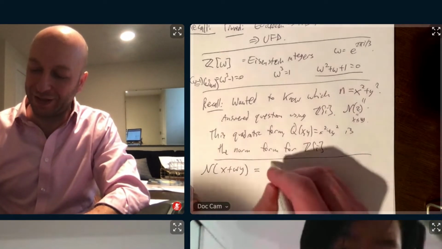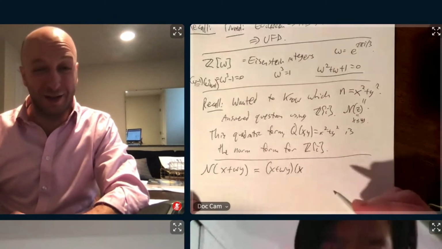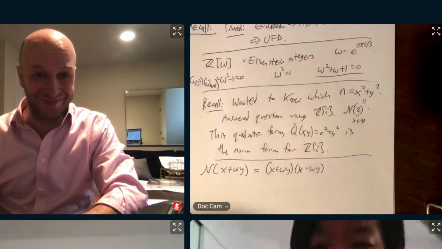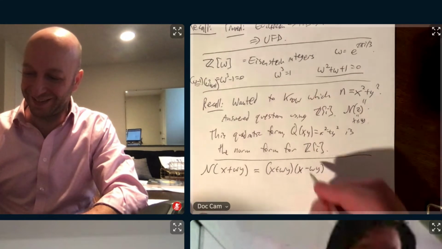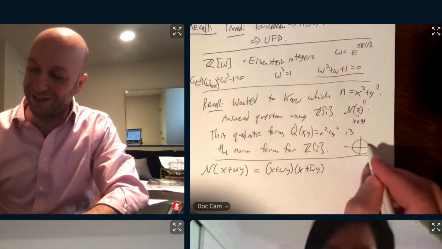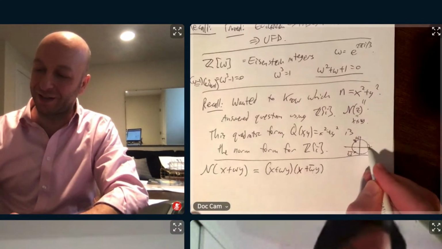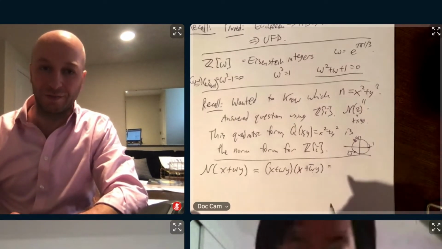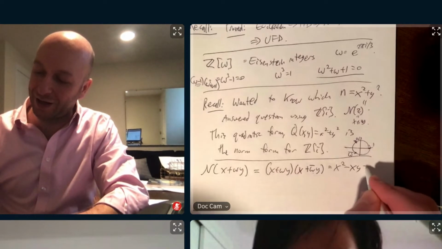The norm is x plus omega y times x minus omega y. Is that right? No, it's x plus omega bar y. Again, if omega is here, omega bar is here, the complex conjugate. Here's 1, the other cube root of unity. And we did this calculation, and you get x squared minus xy plus y squared.